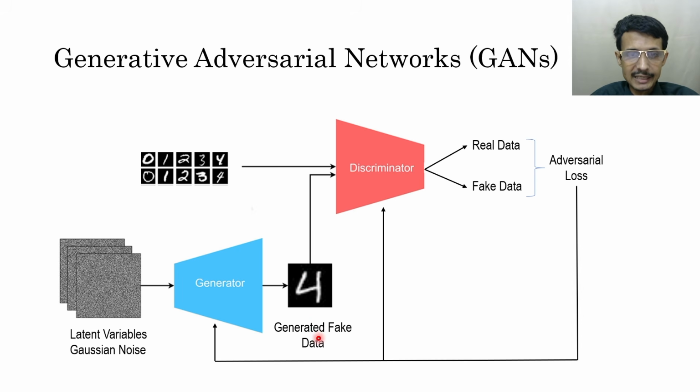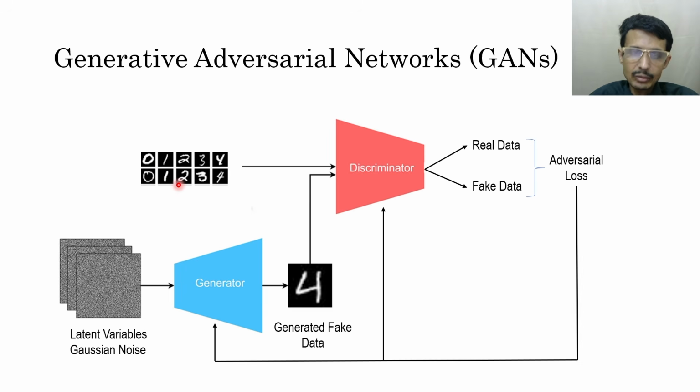So this is basically generated. For the time being, we'll say that it's fake data. And what is the basic purpose or goal of the generator? It creates these kinds of images that look like actual real world data.